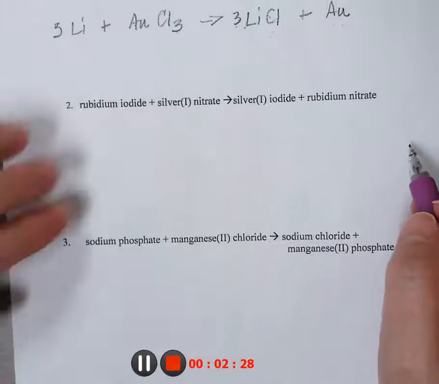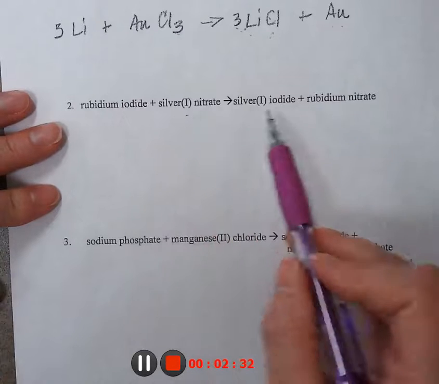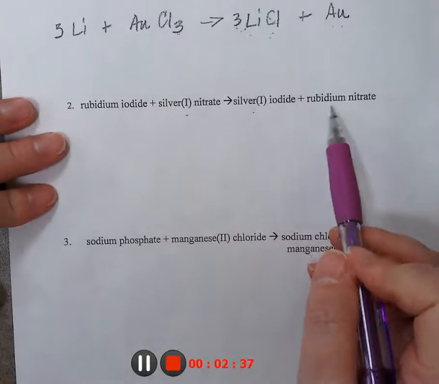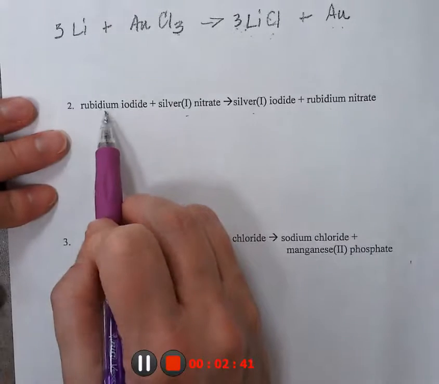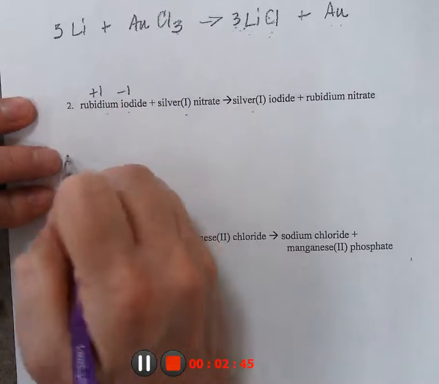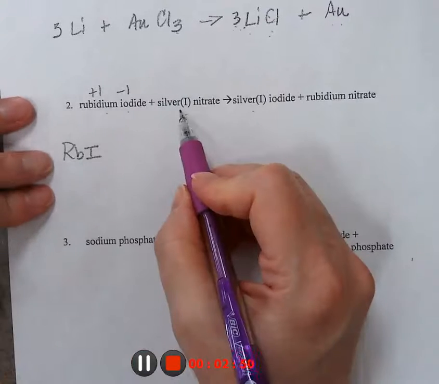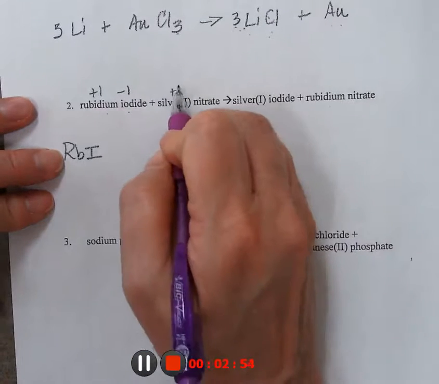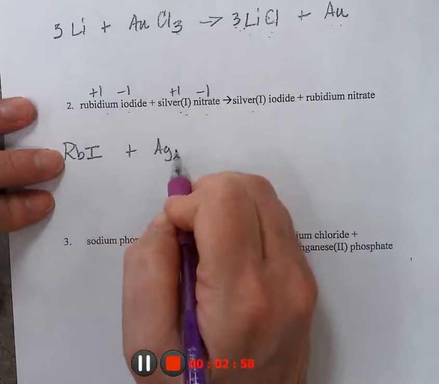Alright, let's try rubidium iodide reacting with silver 1 nitrate, making silver 1 iodide and rubidium nitrate. So we've got an ionic compound consisting of a group 1 metal, group 17, +1, -1. I don't need any subscripts. Silver, a transition metal with a polyatomic ion, Roman numeral, so I don't need any subscripts for that one either.